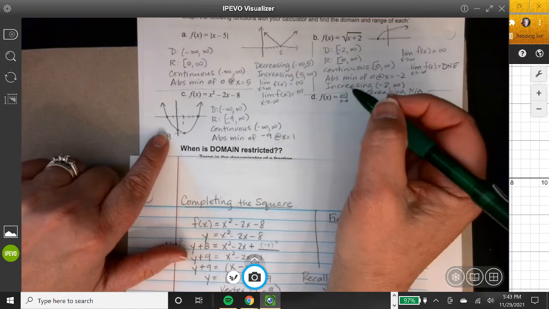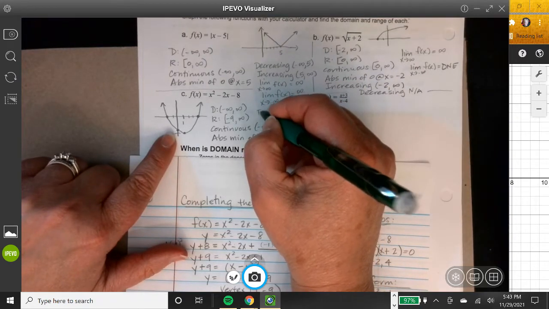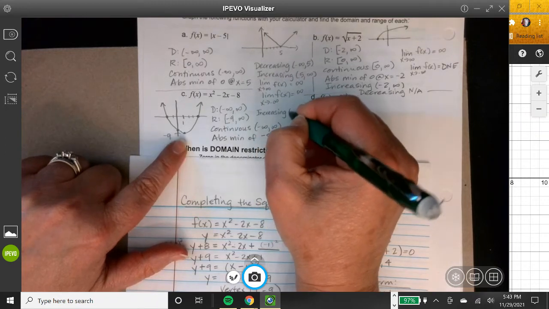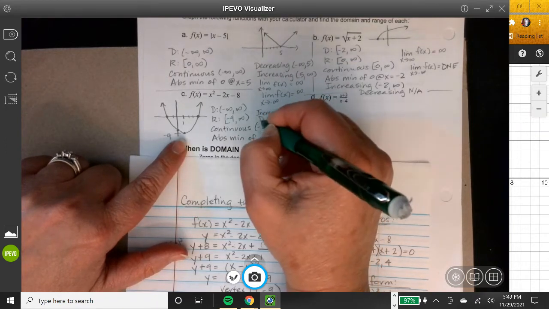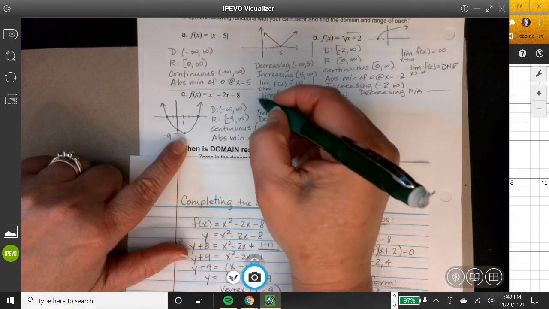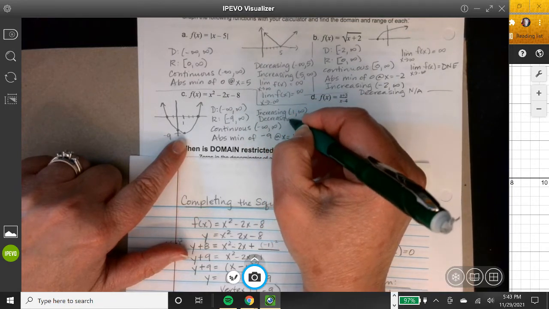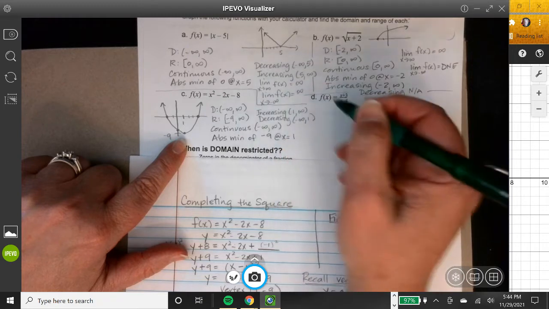And it's increasing from 1 to infinity. It's decreasing from negative infinity to 1.